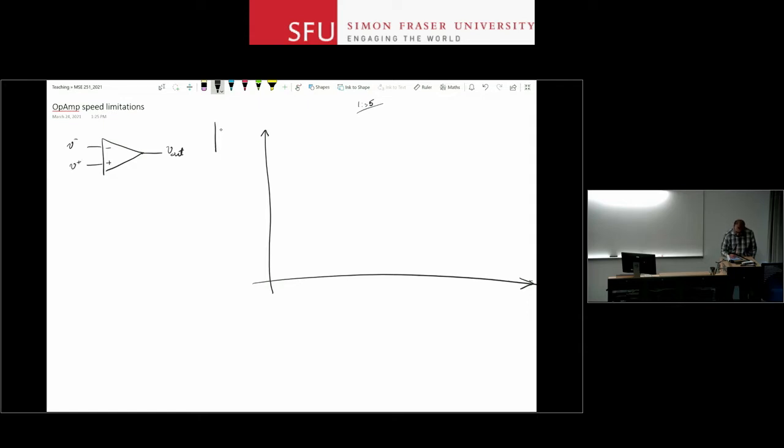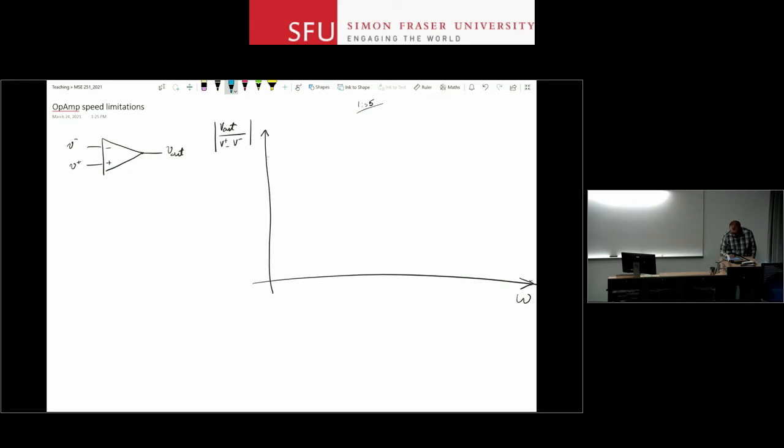If you look at V out over the differential input, basically the characteristic curve, the frequency response of the system, right? And these are log scales. So in here I have omega, the frequency of the input signal, and over there I'm looking at the magnitude of the gain of this amplifier. If I look at it over the frequency range, this is typically what you see.